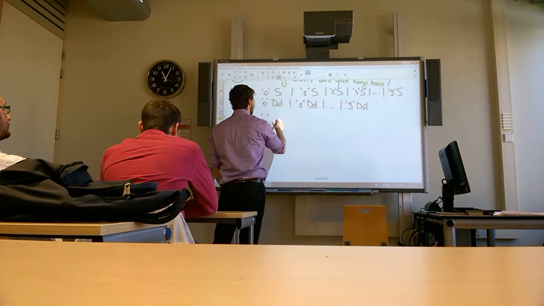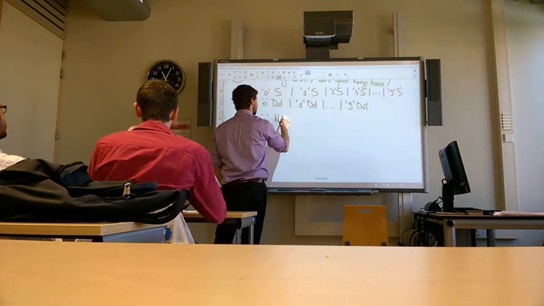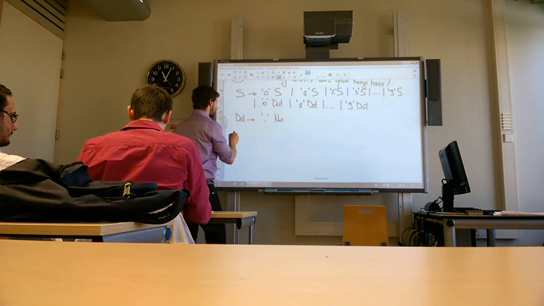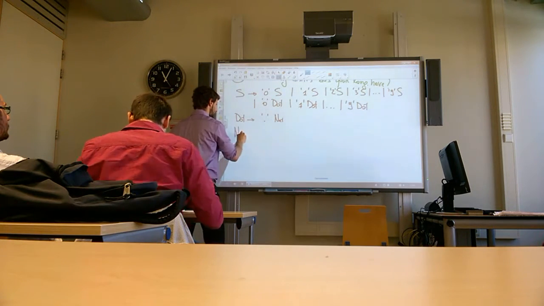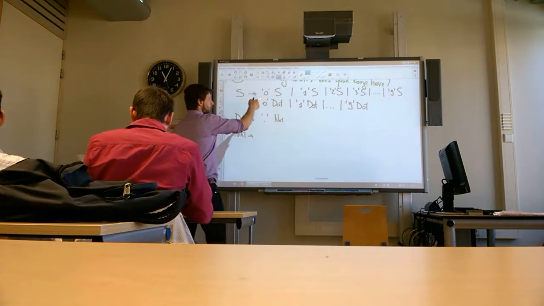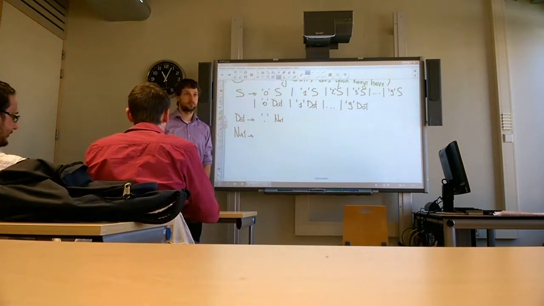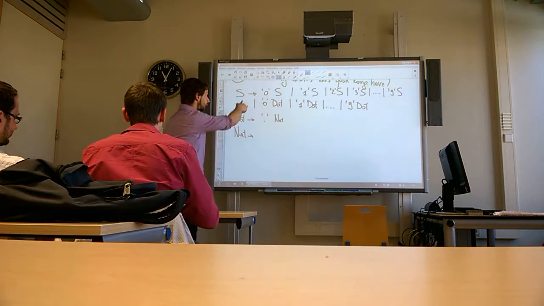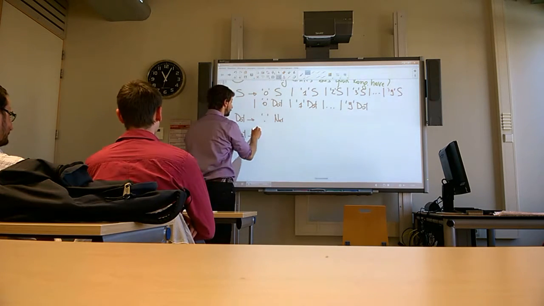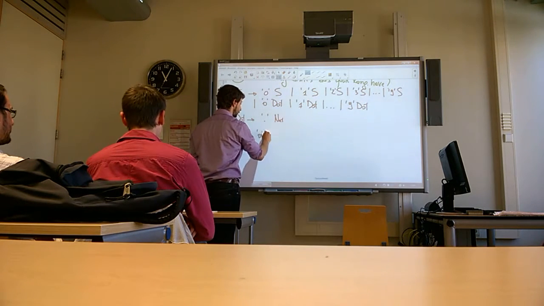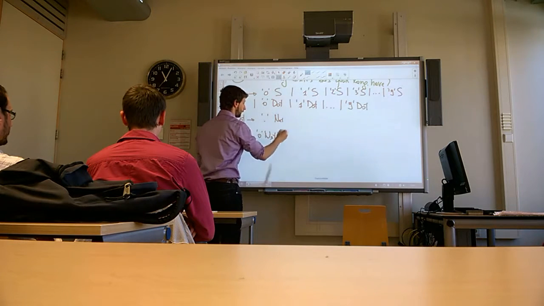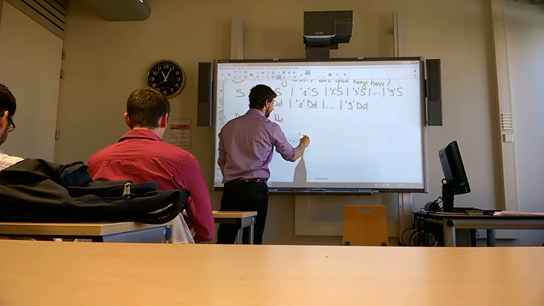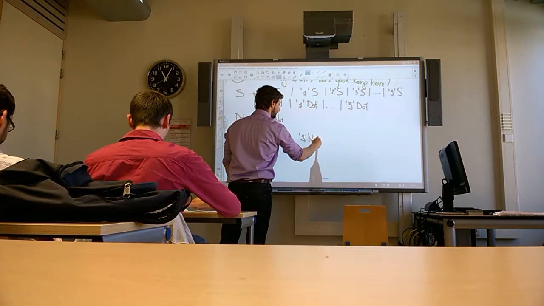So I'll have a natural number, nat. And then nat is going to look very much like that, right? Yes, but with one difference. It's going to be 0 followed by nat, 1 followed by nat, etc. until 9 followed by nat.